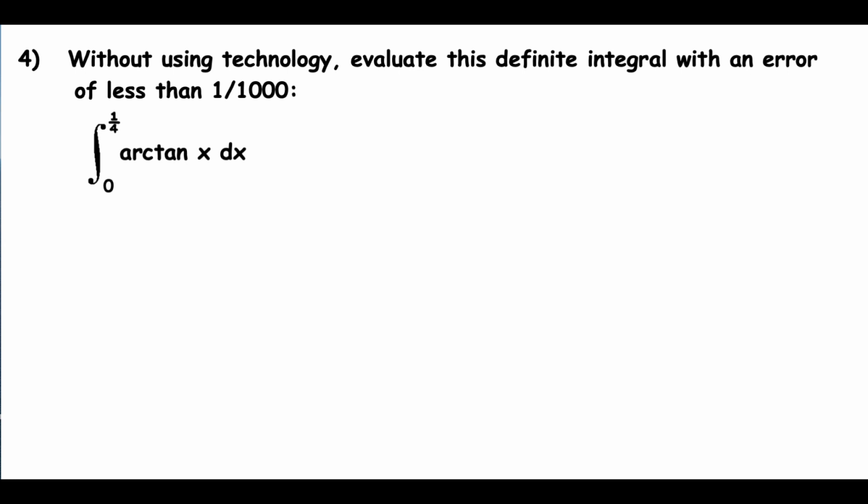Number 4, without using your graphing calculator or any sort of technology, we want to figure out this definite integral, and we want to evaluate it with an error of less than 1/1000th. It's the arctan of x from 0 to 1/4. All right, I'm going to go ahead and take the derivative of this.